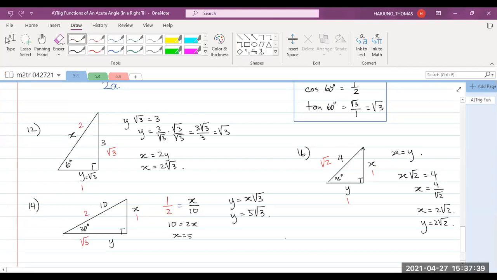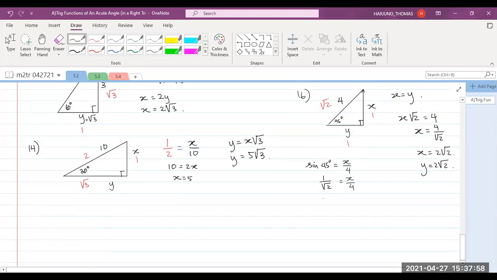What is that? People may do it this way. Oh, you know what? X over 4 is the sine of 45 degrees. And sine of 45 degrees is 1 over radical 2. And then cross multiply. So 4 equals radical 2 times x.